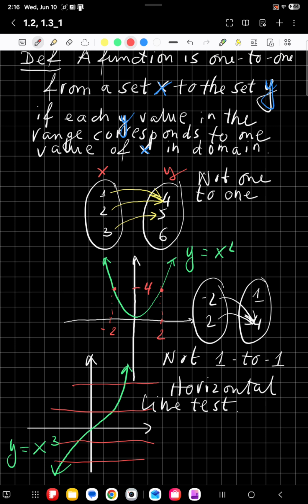Here, there's no way we can find a horizontal line that would cross our green graph in more than one spot. But in that quadratic function, almost every line would cross our graph in two spots. You see it's crossing here and here. So not 1 to 1. This one is 1 to 1. And that's the idea of one-to-one functions.